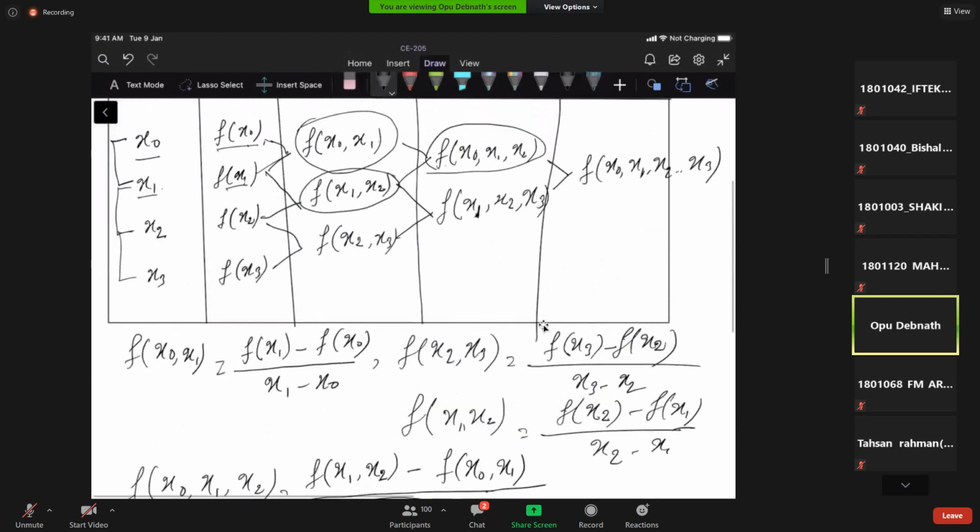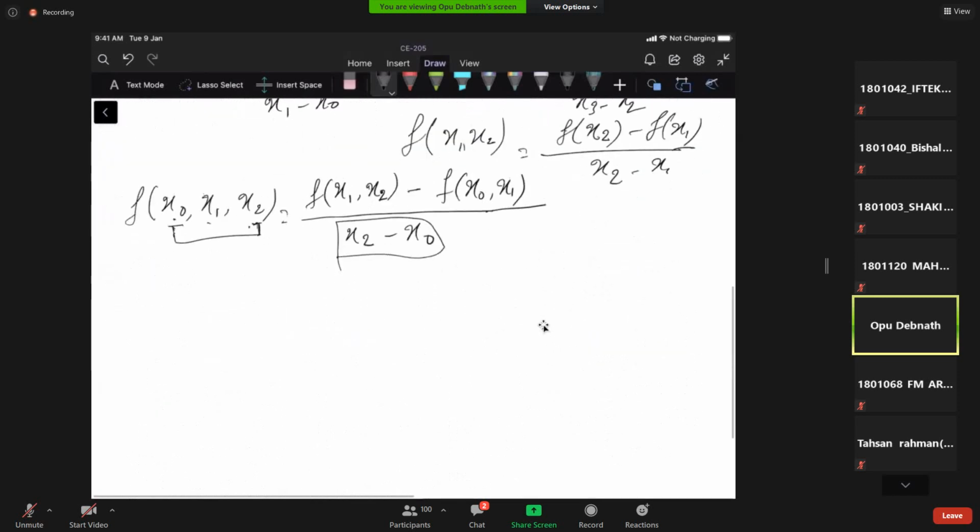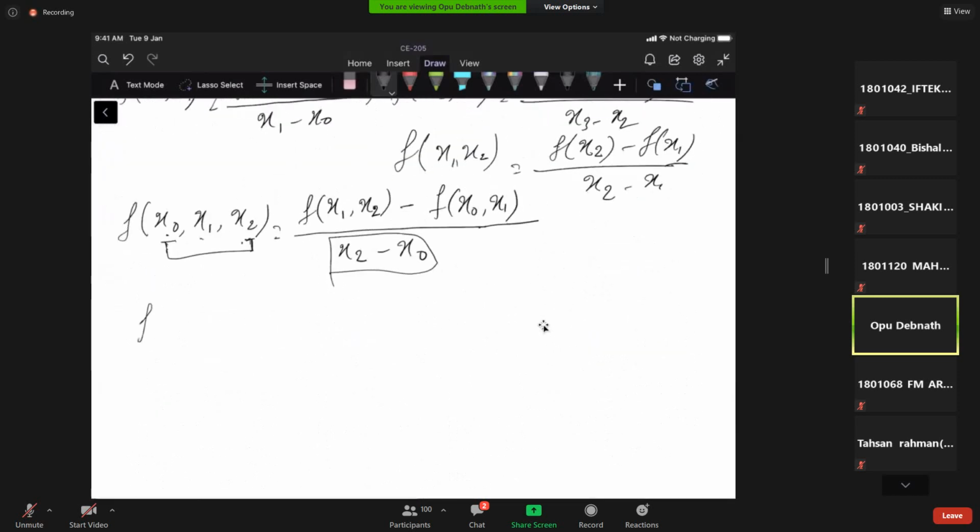In the same way, if you need to calculate the function of x0, x1, x2, x3, this will be f of x1, x2, x3 minus f of x0, x1, x2, divided by x3 minus x0.